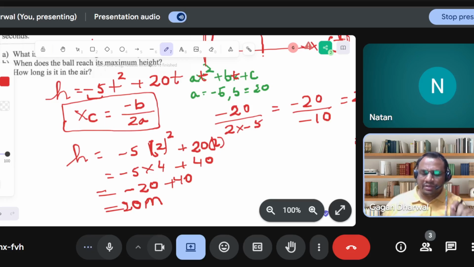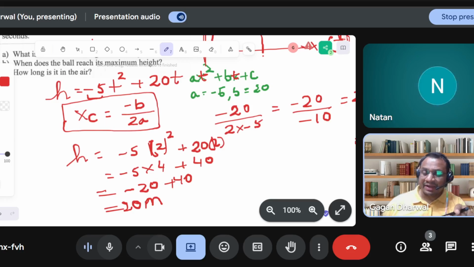For the x coordinate of the vertex, we use the formula minus b upon 2a. Once we get the value, we plug that value in the equation to find the y coordinate of the vertex. So here the x coordinate of the vertex in this question gives us the time at which the ball has reached its maximum height, which is 2 seconds, right? And what was the maximum height?